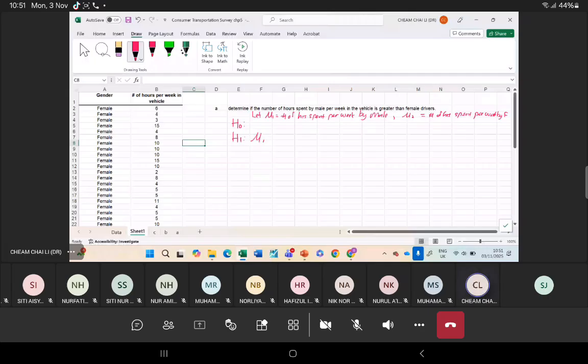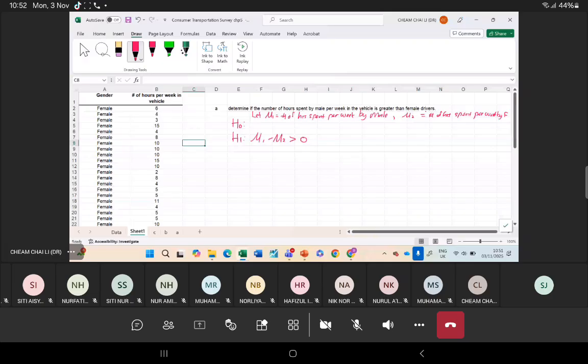Yeah, you see, mu1 is male, mu2 is female, right? So we want to check if the number of hours spent by male per week in the vehicle is greater than female. So kita boleh tulis macam ni, mu1 tolak dengan mu2 greater than 0. So greater than 0 maksudnya mu1 dia punya mean lebih besar daripada mu2.